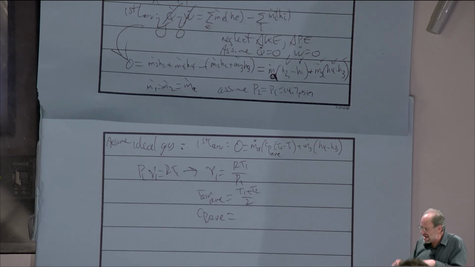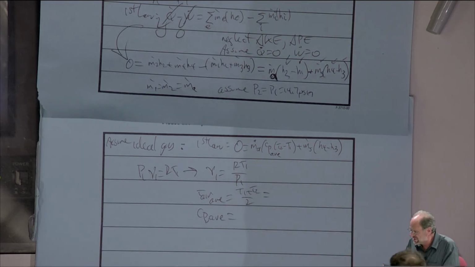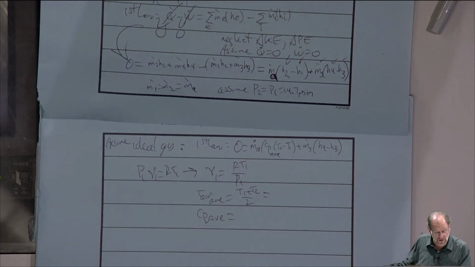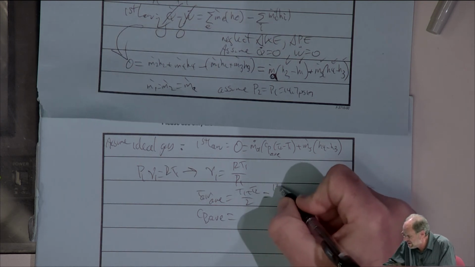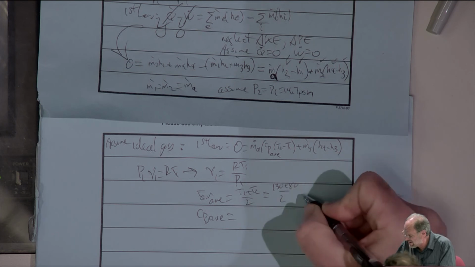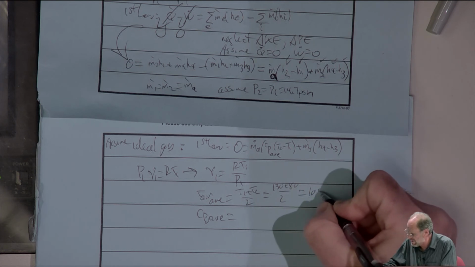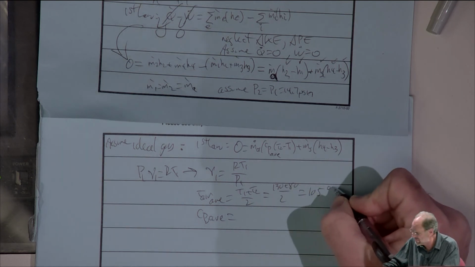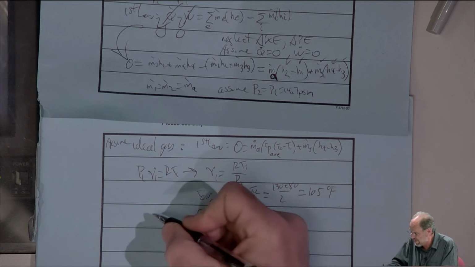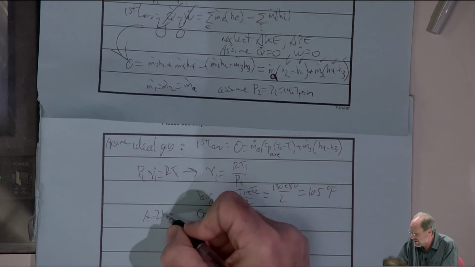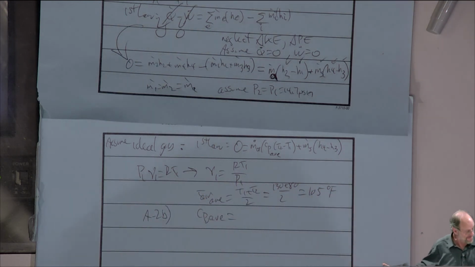All right, so now let's continue. Let's find the average air temperature, first of all. The average air temperature is 130 plus 80 divided by 2, so that's 105, and that's in degrees Fahrenheit. We go to table A2, part B, and I guess I can get rid of this now.